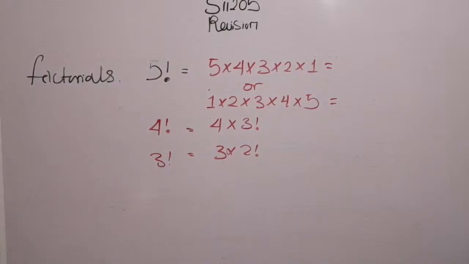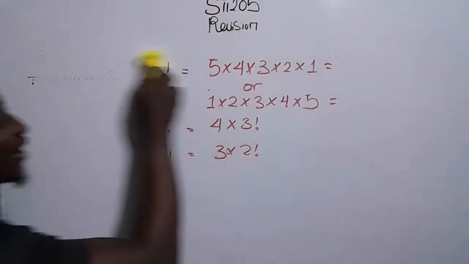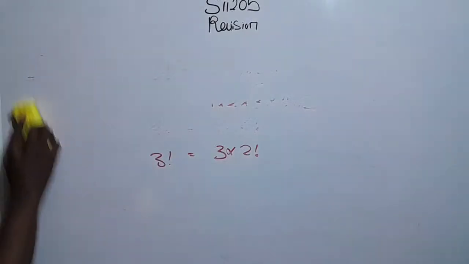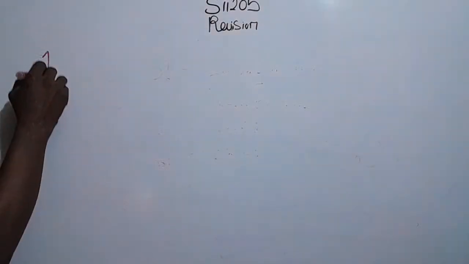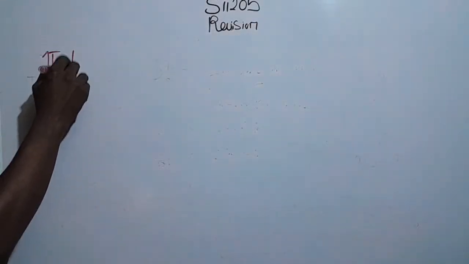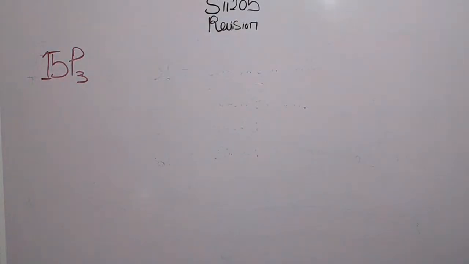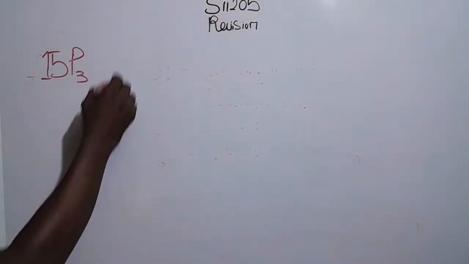And there's something called permutation. In line with this factorial, there's something called permutation. When we say permutation, a very good example of that is 15 permutation 3. Very simple. How do you solve this?